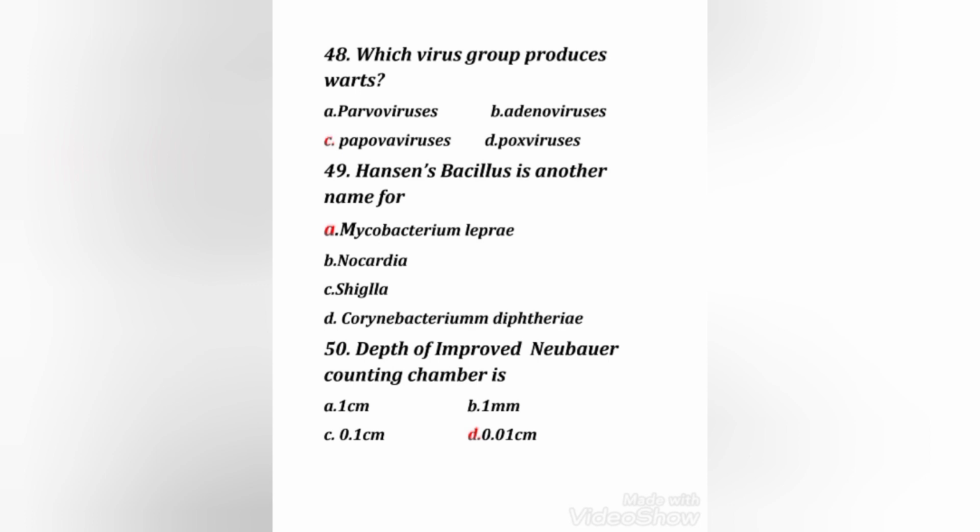So Hansen's bacillus is another name for Mycobacterium leprae. And last question. Depth of improved Neubauer counting chamber is 1 cm, 1 mm, 0.1 cm, 0.01 cm. And here the right answer is option D, 0.01 cm. Dear friends, study all these 50 questions properly, then you will be able to answer more than 150 questions.